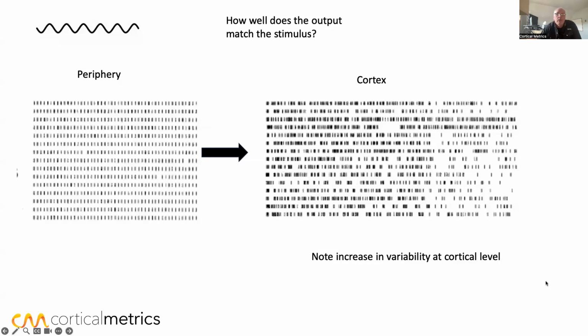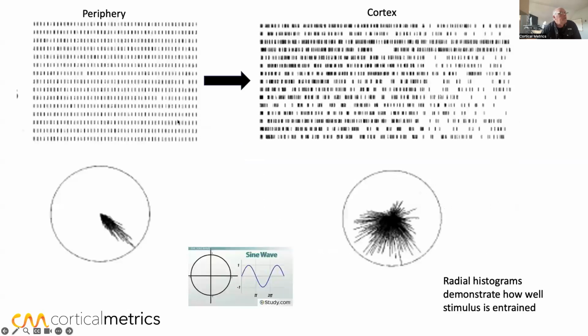So what do you do with this? Well, one thing you can do is convert this to circle histograms. Remember, a sine wave looks like this, and it can be converted to here. If a spike occurs during the sinusoid, you'll get one spike here.